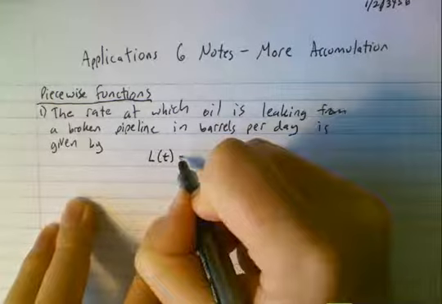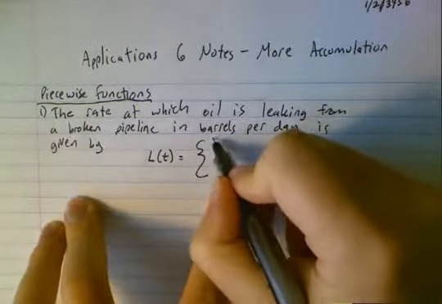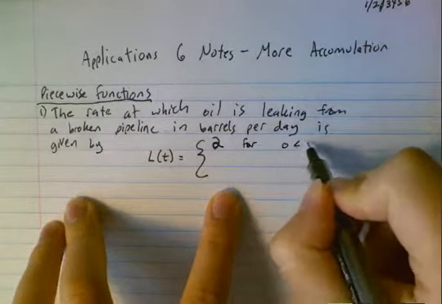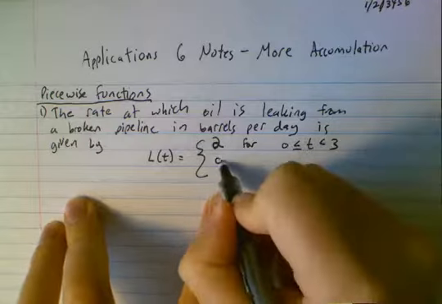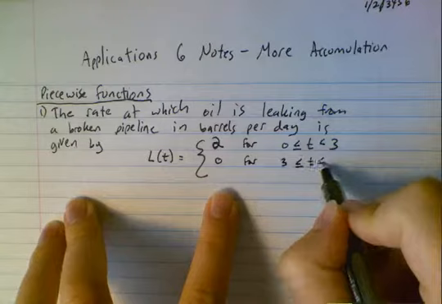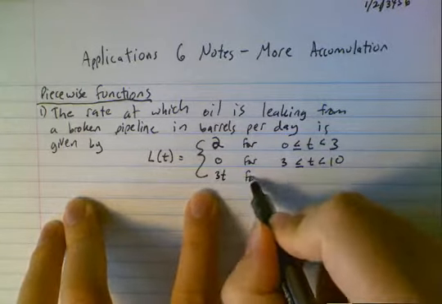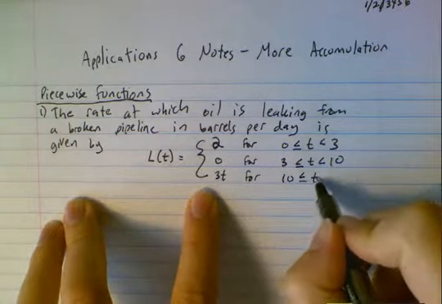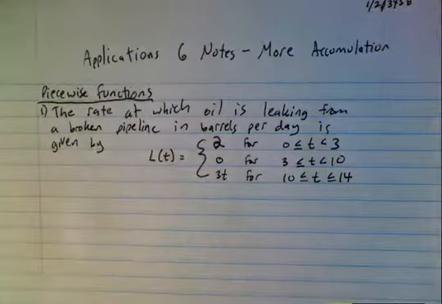is given by L of t, that's for leak, equals 2 when 0 is less than or equal to t is less than 3, 0 when 3 is less than or equal to t is less than 10, and 3t when t is between 10 and 14.